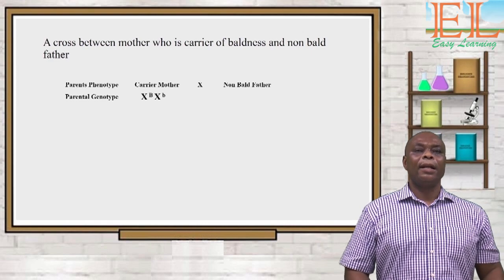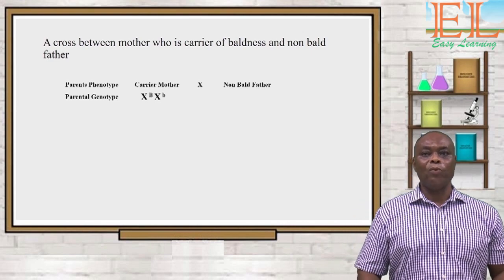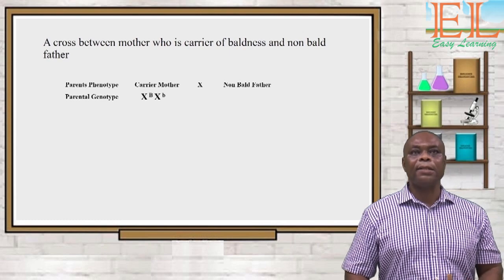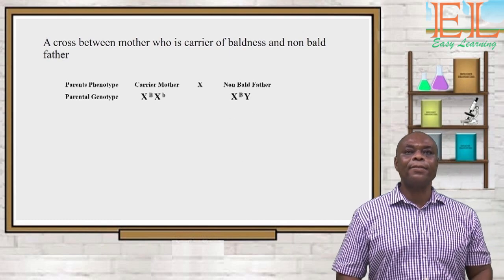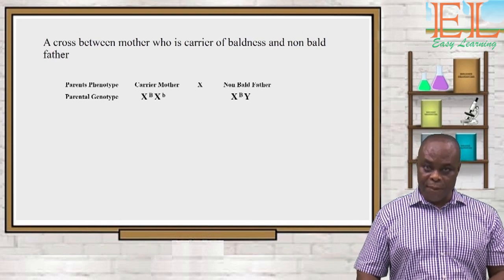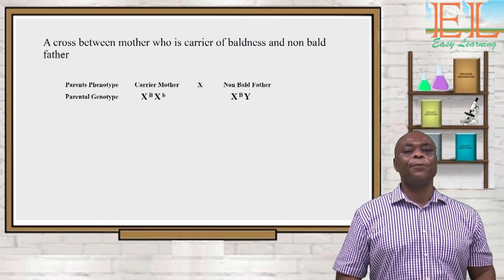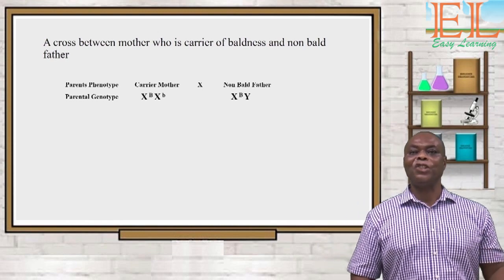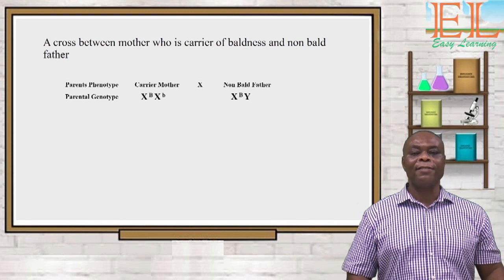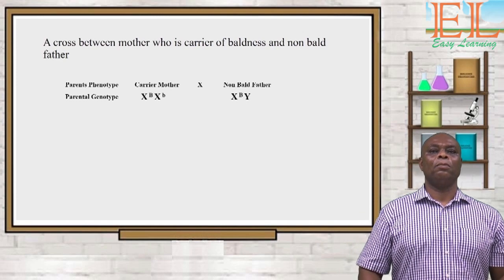The man has X, Y, and we say the man doesn't have the character. Hence, the man's X will bear capital B, which is the dominant for that character, but the Y will not bear it because from the definition, Y chromosomes don't have sex-linked characters.